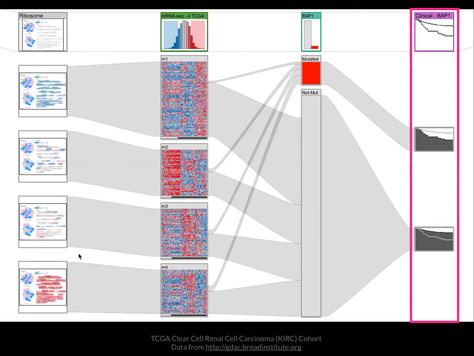Because that information by itself does not stratify the cohort, we could apply some sort of grouping on patient survival data, but we already have a grouping, and we can just look at our grouping: is it BAP1 mutated, yes or no? When we look at that, we see that patients who have a mutation in BAP1 have worse outcomes than those patients who do not. So we use an existing stratification to stratify other data types.